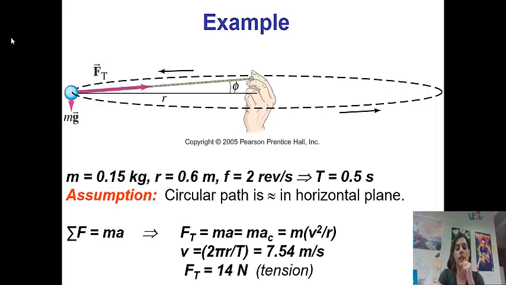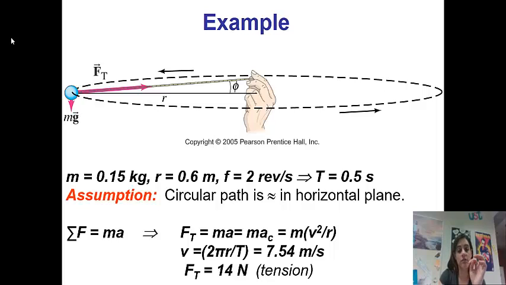Okay, so if we look here, we have a mass of 0.15 kilograms moving around a circle with a radius of 0.6 meters. It has a period of 0.5 seconds, and let's for the moment just assume it's in a horizontal plane, just to make the math easy. We could find the force of the tension by using Newton's second law, F equals ma.